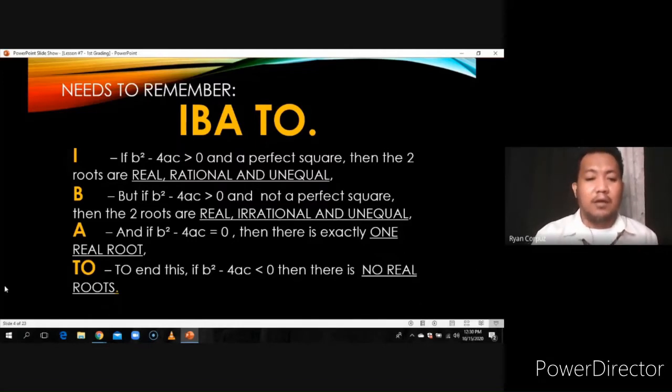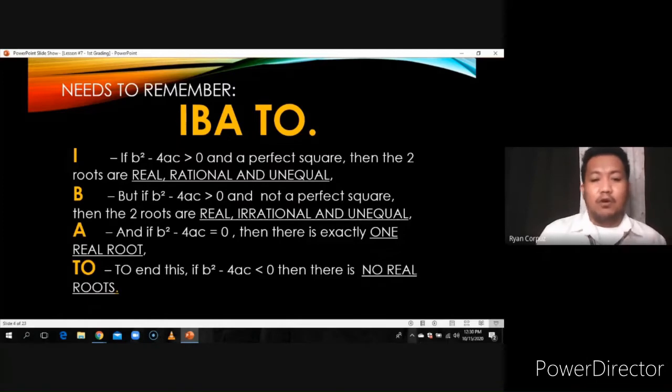Meaning to say, the solutions are non-real numbers. Here come what we call imaginary numbers. Since now we are not dealing with non-real numbers, if you ever encounter an expression or an equation wherein you are asked to solve for it, just write there no real roots because we are only dealing with real solutions or real numbers.